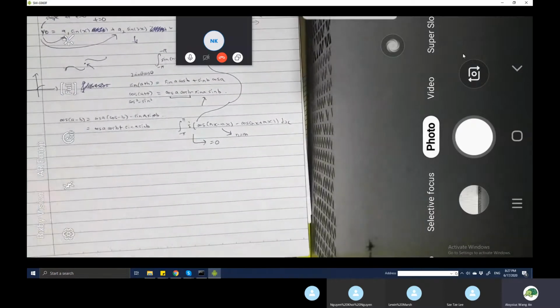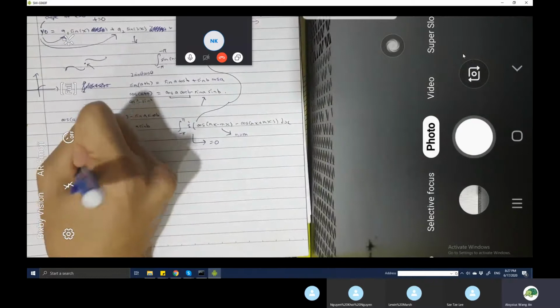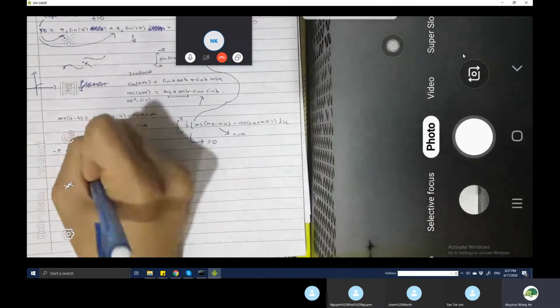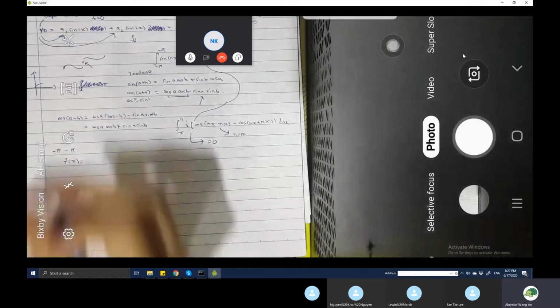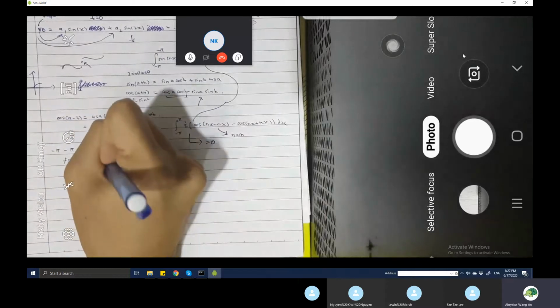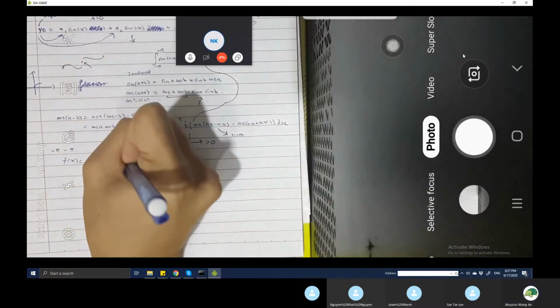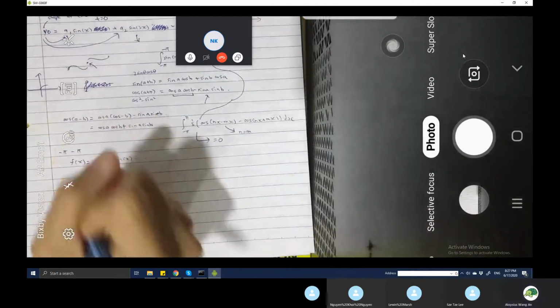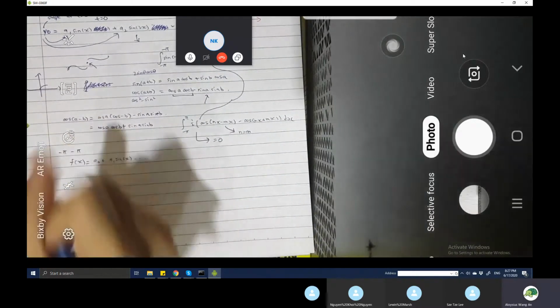And so let's just say we have some function f of x, and let's let this function range from minus pi to pi. And if we presume that it can be written as a sum of sines, let's just say we're interested in the nth term.